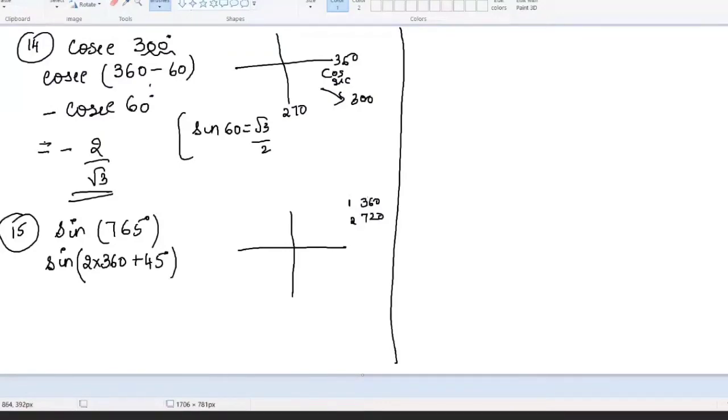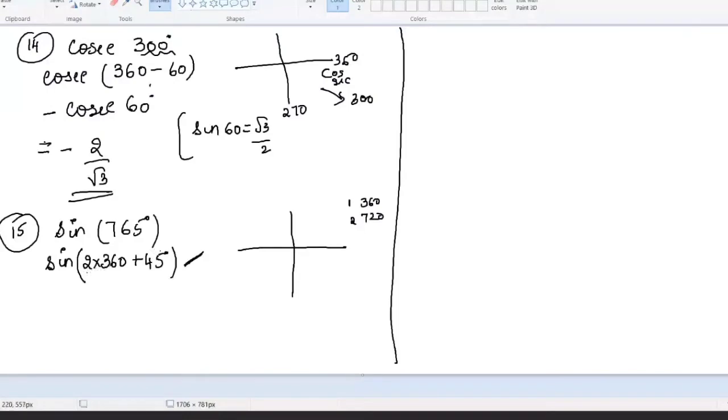One more time I subtract 360, I got the number 45, and that is less than 360. We have to get a number less than 360. Until then, go on subtracting, but keep a count of how many times you have subtracted. Is this step clear till here, everyone? Yes. So sine of 2 into 360, that is 720, plus 45.